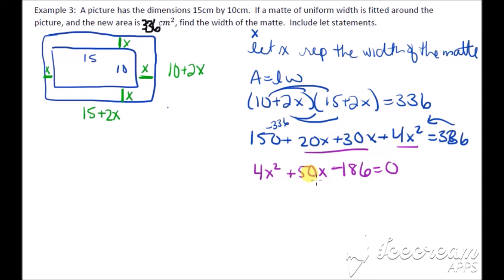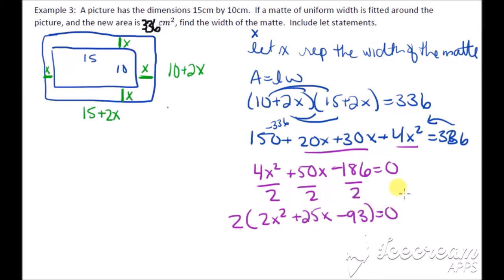To get these terms a little bit smaller, I'm going to common factor out a 2. So we're left with 2x² + 25x − 93, since 186 divided by 2 is 93. So what two numbers multiply to, it's not 93, but 186, and add to 25? Let's take the 186.